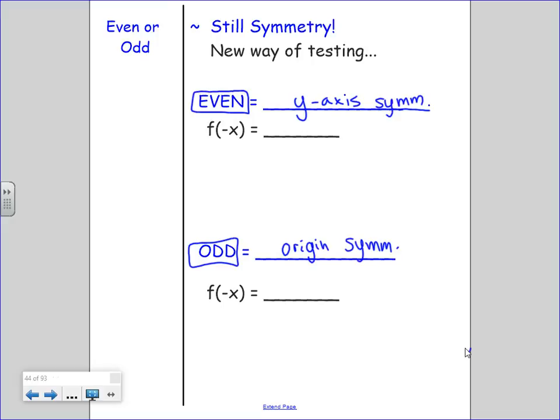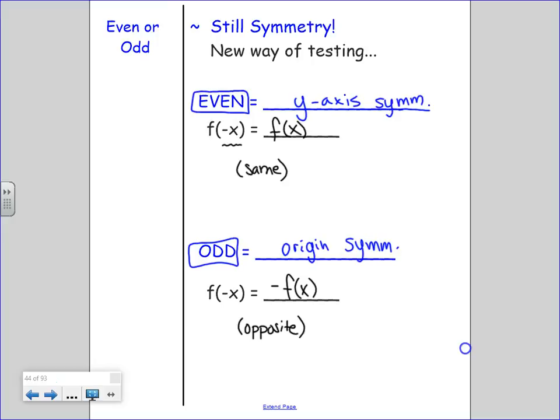And there's technically a new way of doing it as well. Kind of, sort of, maybe. But we've actually seen it before, because we plugged in -x for y-axis, and it ended up simplifying to be the same as the original. And we've plugged in -x before and figured out that we got the opposite y value.